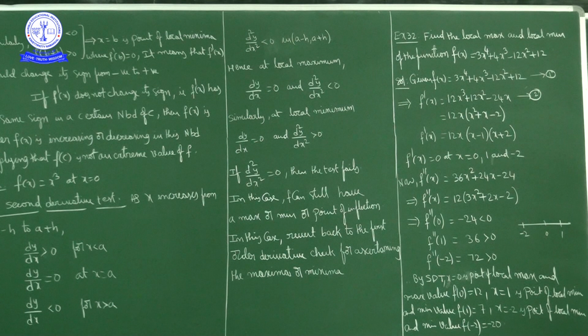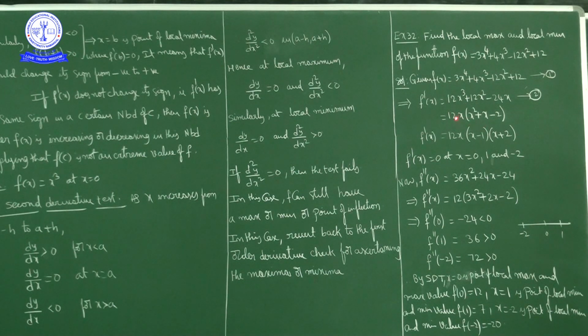Now first find f dash of x. The derivative of f of x: f dash of x equals the derivative of 3x power 4, which is 4 into 3, 12x cube, plus 4 into 3, 12x square, minus 24x, plus the derivative of the constant, 0. So f dash of x equals 12x cube plus 12x square minus 24x. Now from each term you can take 12x common.